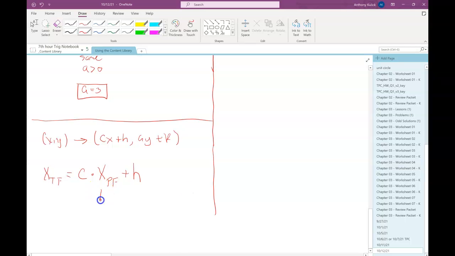Now if this is 0, c times 0 is just 0, and it drops out. So we're just left with h as the x coordinate from the transformed function. As long as our parent function's x coordinate is 0, the h is going to be the same as the x coordinate from the transformed function. That's why I wanted to use the point 0, 0 as opposed to one of the other ones, because it saves me a little bit of algebra.